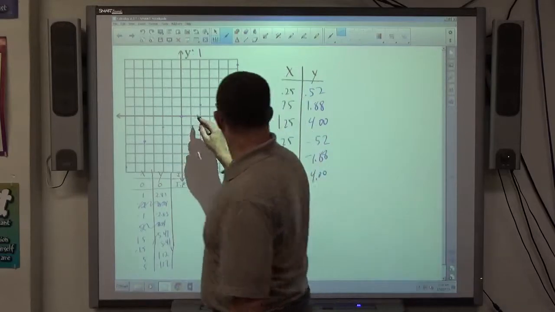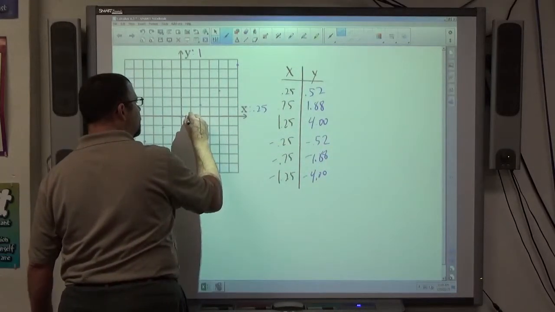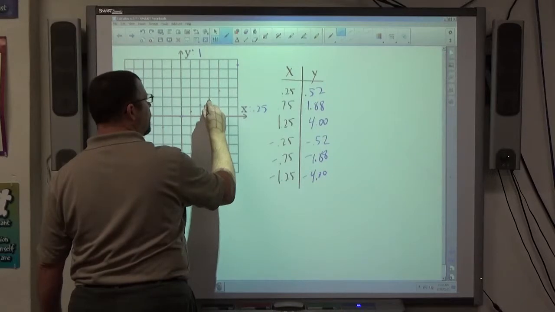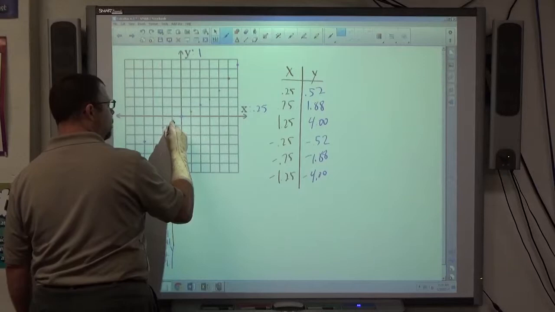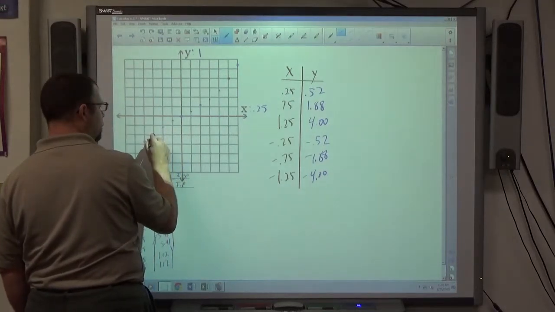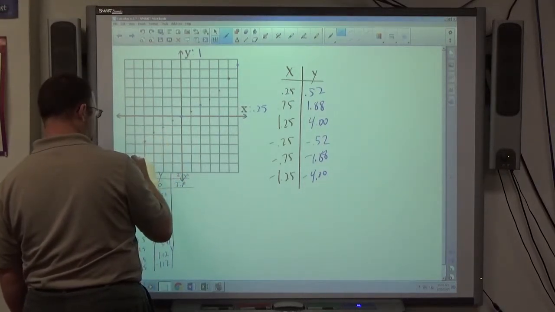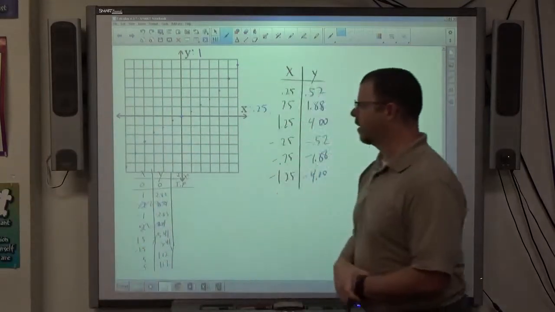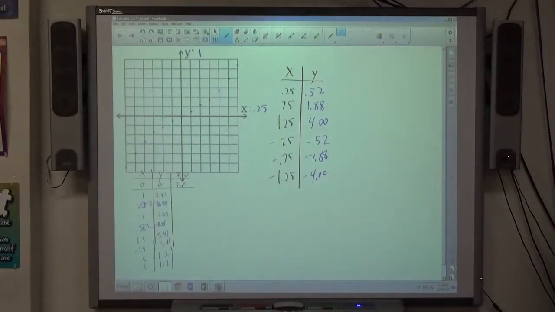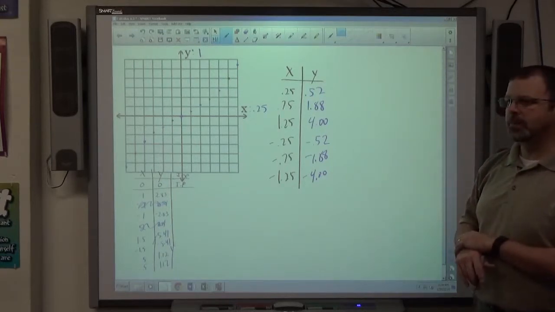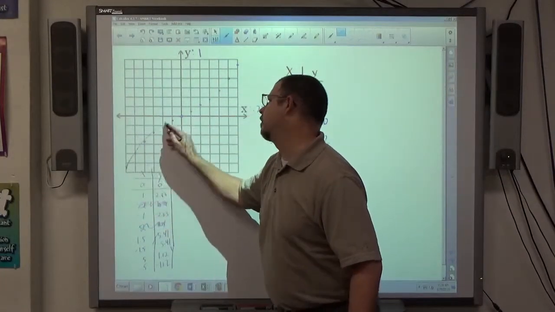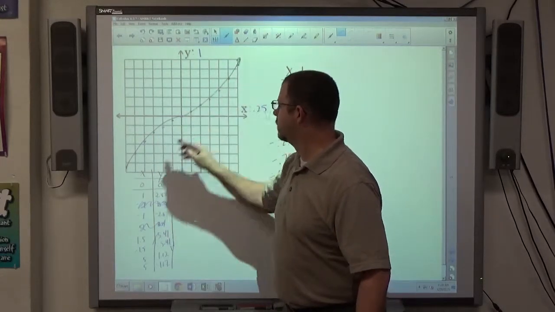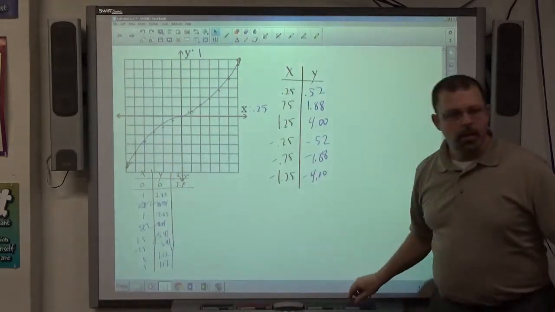So if I plot those, 0.25, 0.52 would be about here, 0.75, 1.88, 1.25, 4.00, negative 0.52, negative 1.88, negative 4.00. And you get more dots, you get a clearer picture of what it's supposed to look like. It's up to you. You pick as many dots as necessary for you to see the picture with the information. Concave down, concave up. It's curving downward, it's curving upward. That's kind of cool.